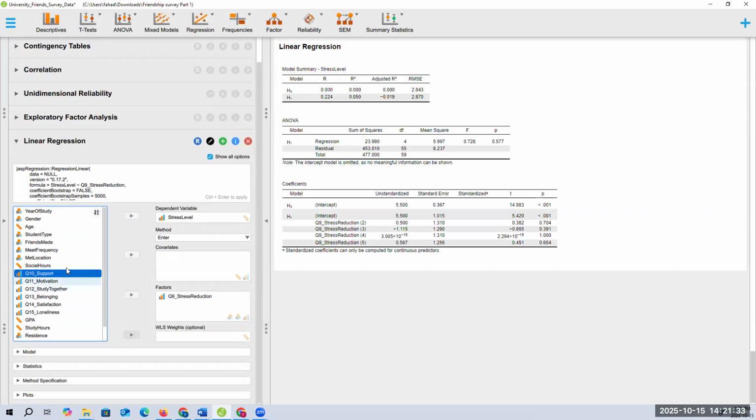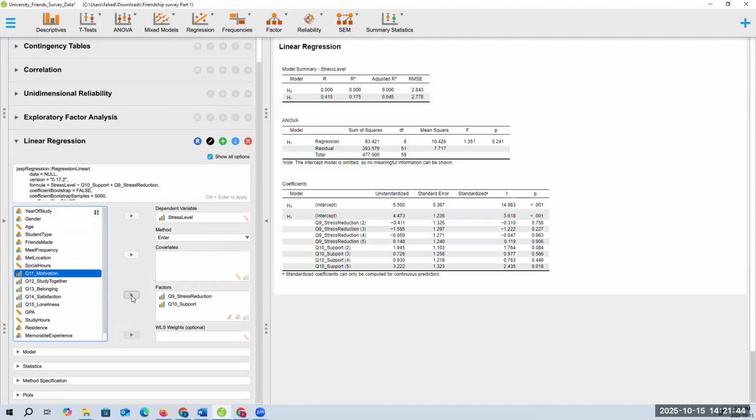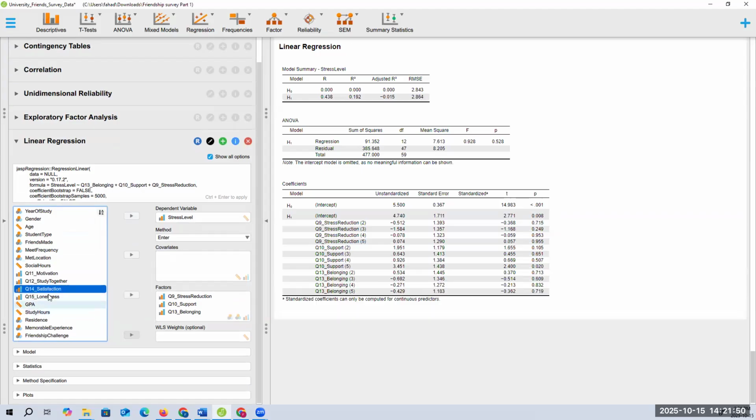I can move support. Support is here. And belonging, social hours. And all these are factors.